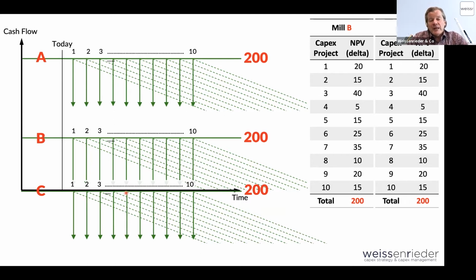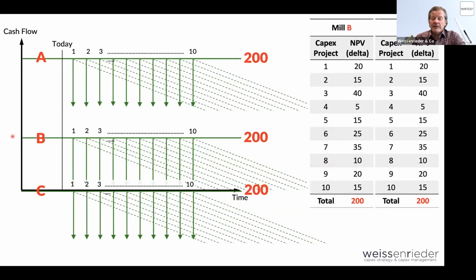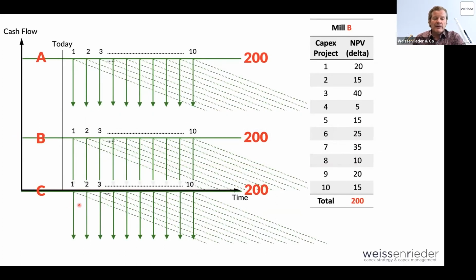So in real life, things are unfortunately a lot worse. Because they will not have the same Capex plan value of 200. Because what's happening here, and now I'm adding down here, I'm adding a line. Because the reason for why a mill is down here is usually because it's not state of the art.